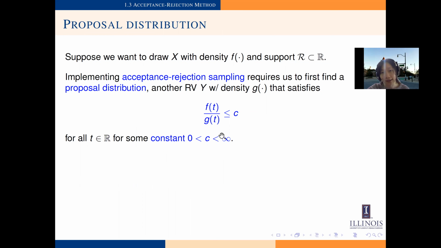So what exactly does this inequality mean? It tells us that f(t) over g(t) is bounded. In other words, it can't be infinity. It has to be less than or equal to some fixed constant c, which is less than infinity.